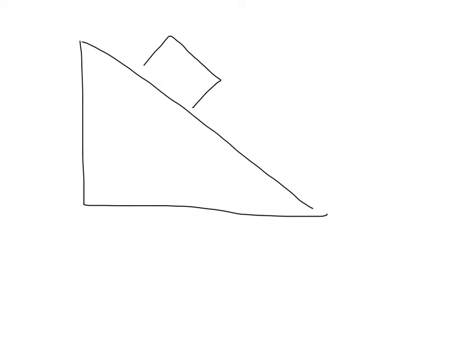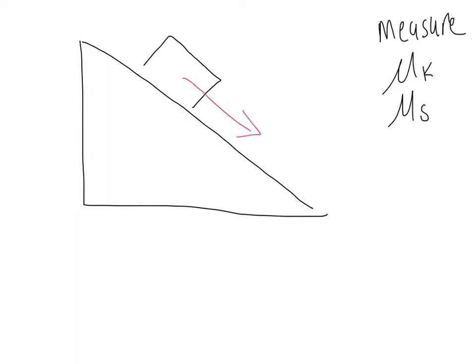So lastly, we have this situation. We will be doing a lab where we're measuring and calculating mu, so mu sub k and mu sub s: the coefficient of static friction and the coefficient of kinetic friction. We have a block, and the block is going to slide down an inclined plane. I'm hoping it makes sense that if you start with the inclined plane like this and the box like this, nothing's going to happen.